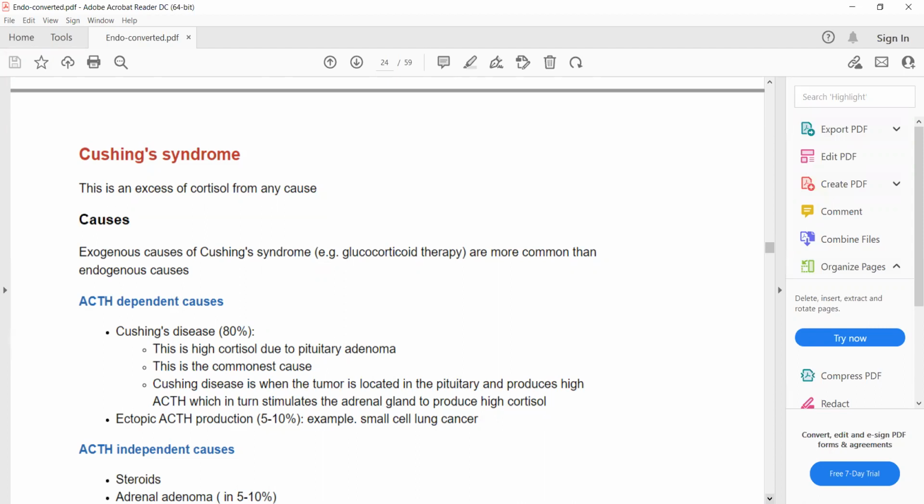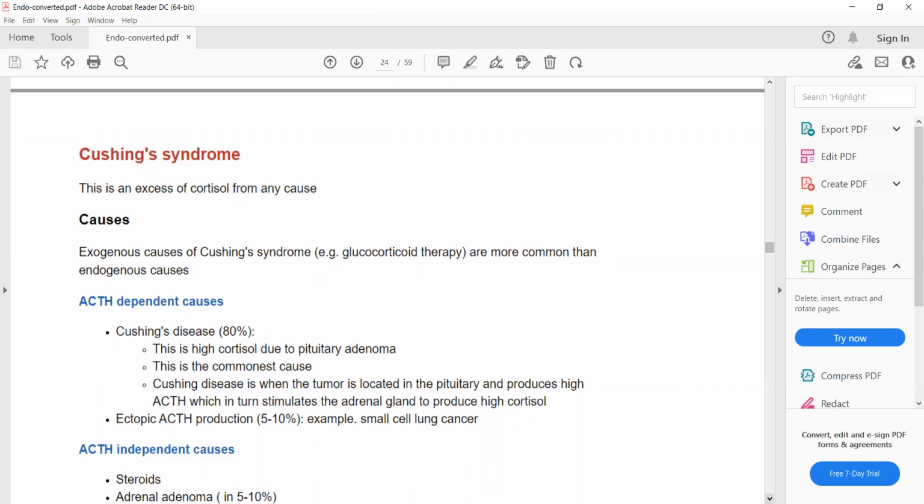So ACTH dependent causes mean that the excessive production of cortisol or aldosterone is due to ACTH. And as ACTH is produced by the pituitary gland, a pituitary adenoma secreting ACTH can lead to Cushing syndrome.